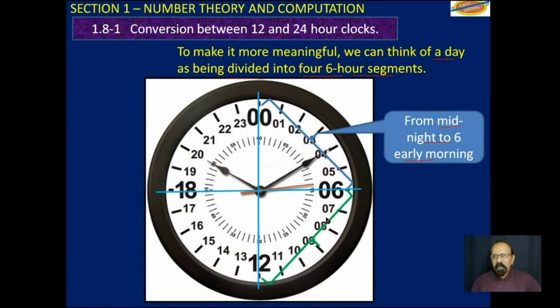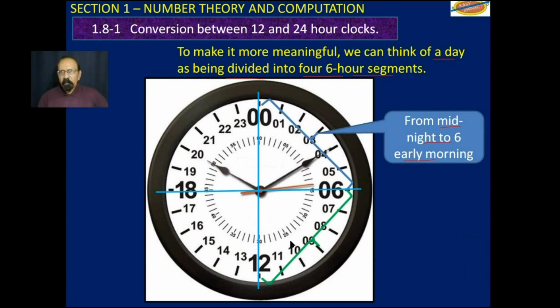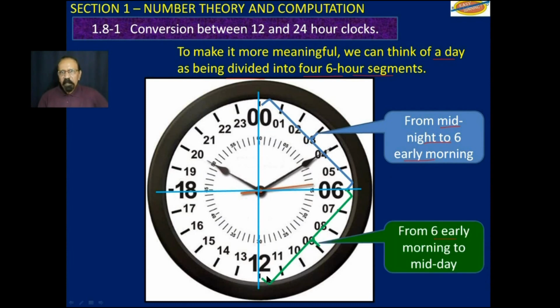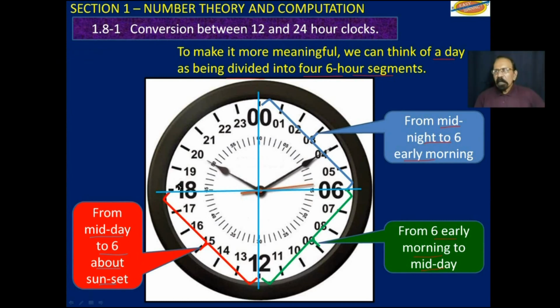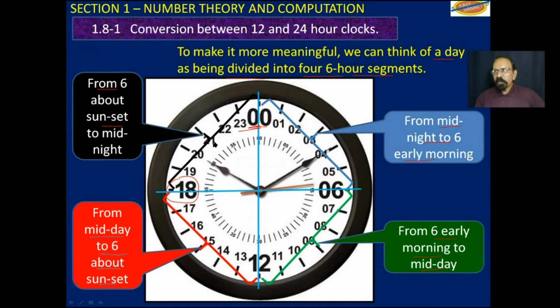And then you have another section here, which is from sunrise to midday. So 6 in the early morning to midday. And you could think of a third section here, or third quarter of the day, from midday to about 6, sunset or thereabouts. And then the fourth quarter from about sunset to midnight.